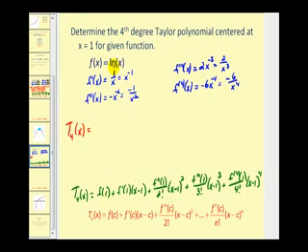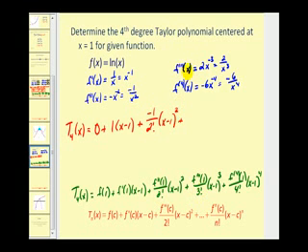F of 1 would be natural log 1, that's 0, plus f prime of 1 would be 1 over 1 or 1 times x minus 1 to the first, plus the second derivative evaluated at 1 divided by 2 factorial. Well, if x is 1, this would be negative 1 divided by 2 factorial times x minus 1 to the second, plus f triple prime of 1 divided by 3 factorial.